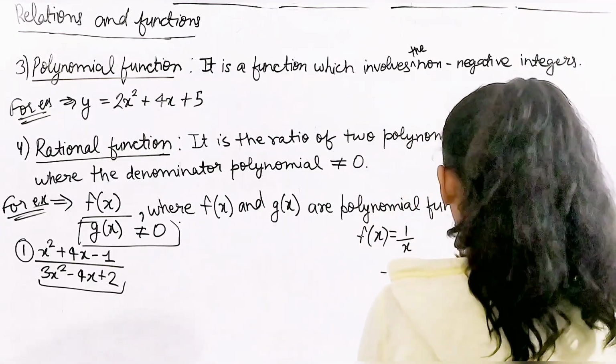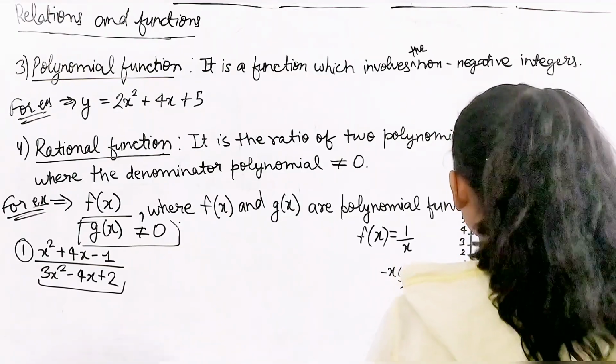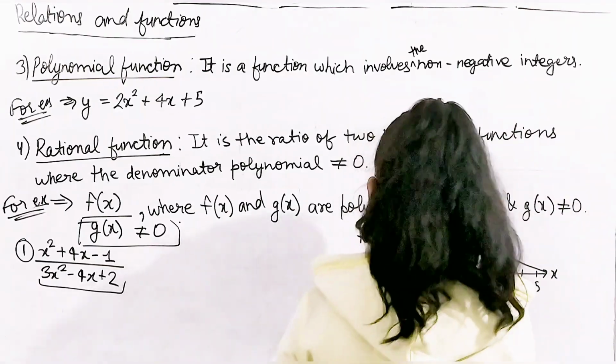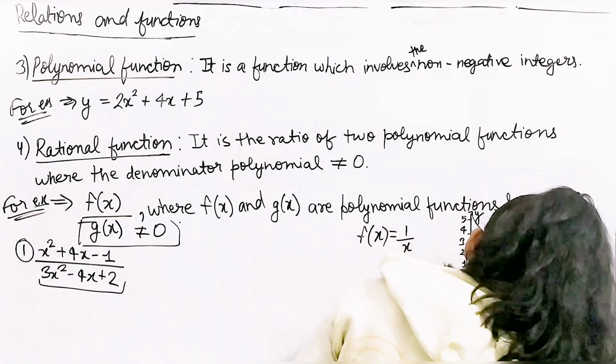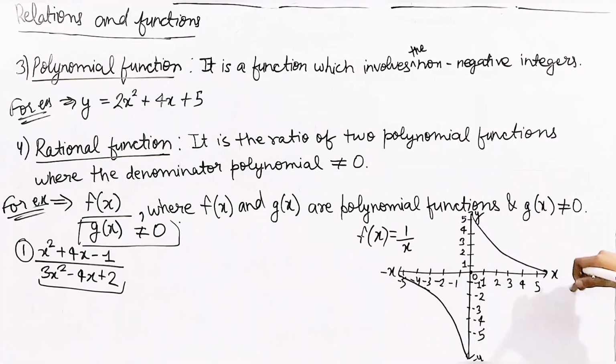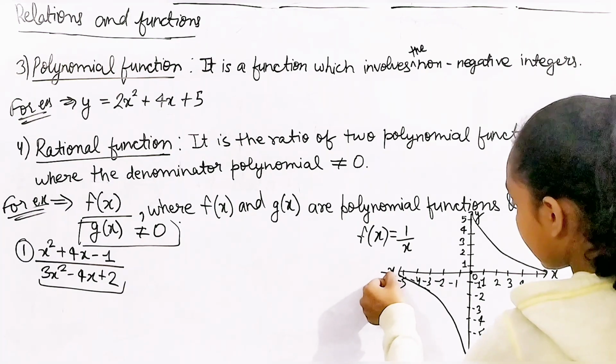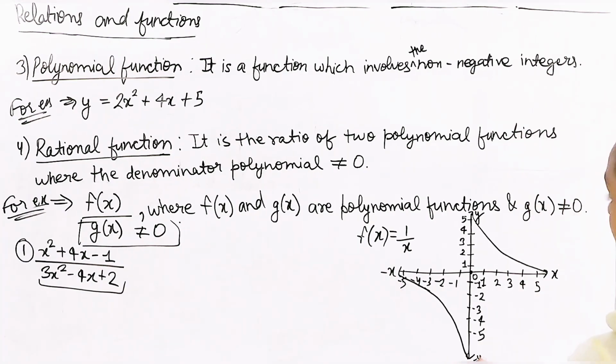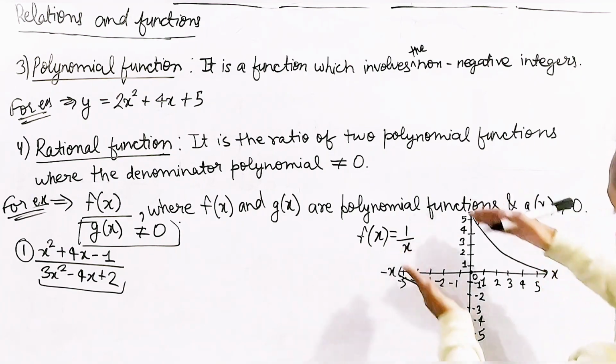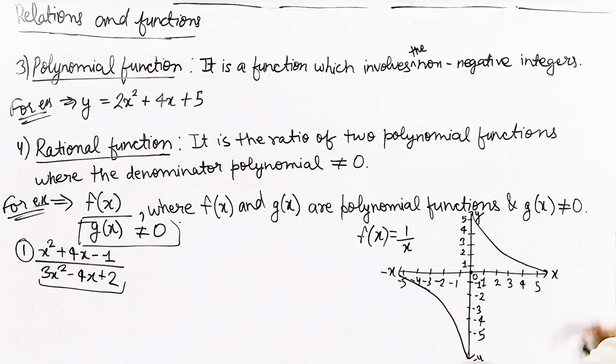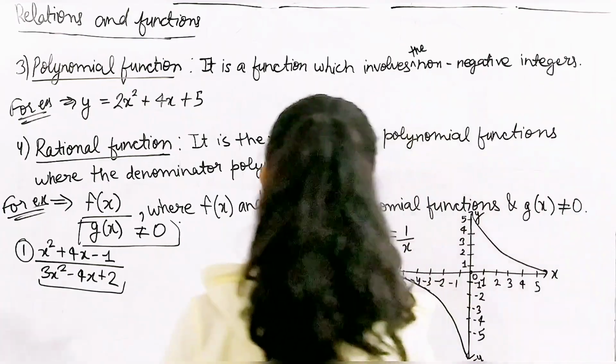A line will be drawn like this, these two lines, from the negative x to the negative y, and positive y to the positive x.